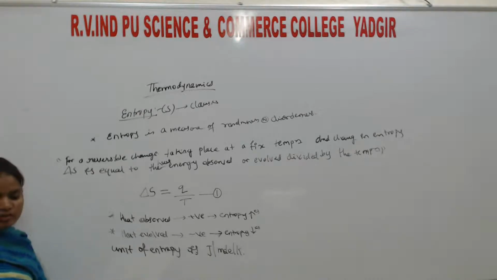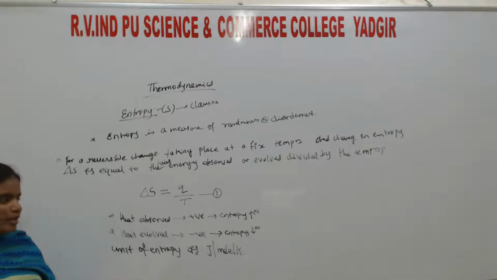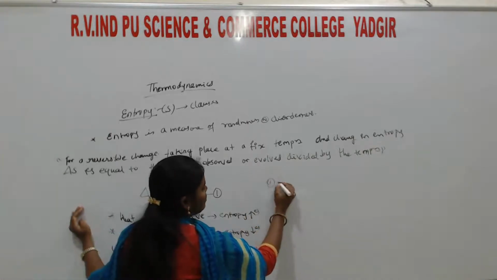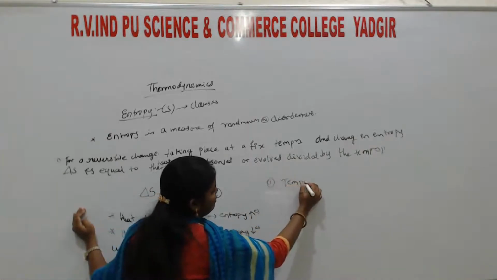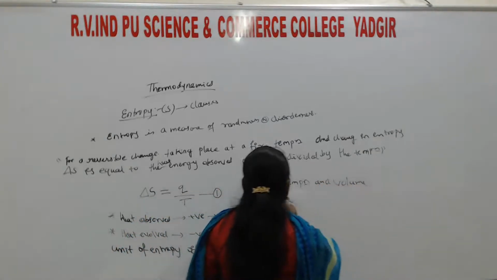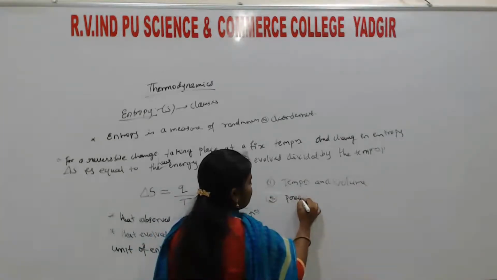Here is the variation of entropy, for the factors depending upon two variables. One is temperature and volume, and the second is pressure and temperature.